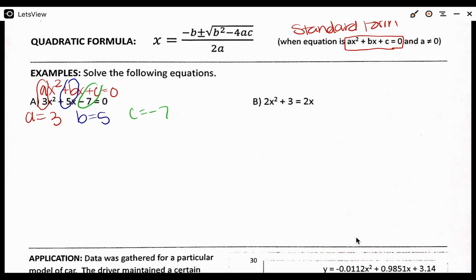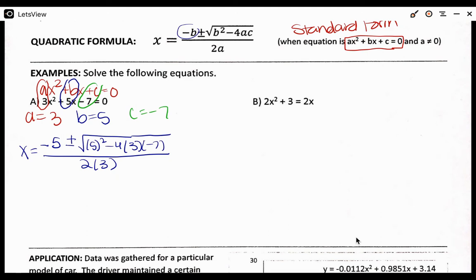Now we're going to plug this into our quadratic formula. So x is equal to the opposite of b, so we have a negative b, plus or minus the square root of b squared minus 4 times a times c, all over 2 times a.